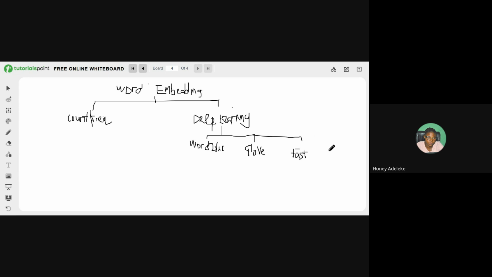We have FastText too, so that we are not confused about how these things flow. Those are the most common ones.